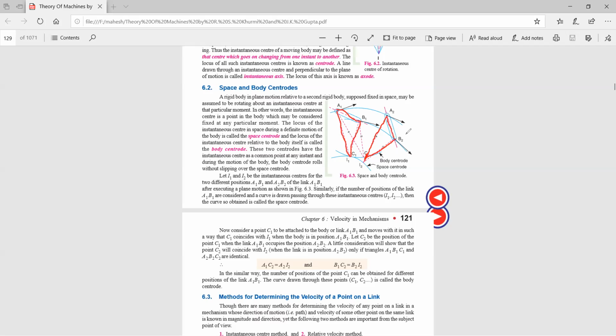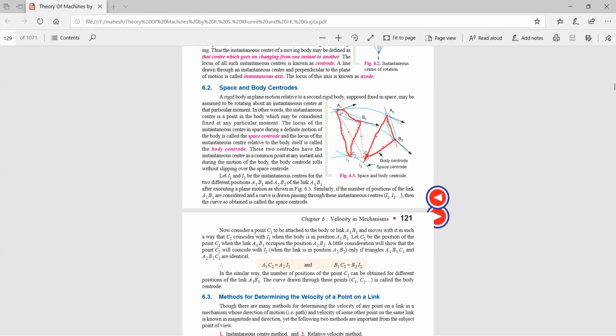If this is equal, then what does this say? Then A1 C2 is equal to A2 I2. Now I'll change the color here. Where are A1 C2 and A2 I2 here?